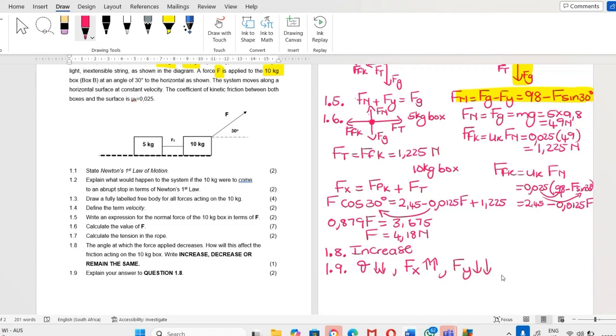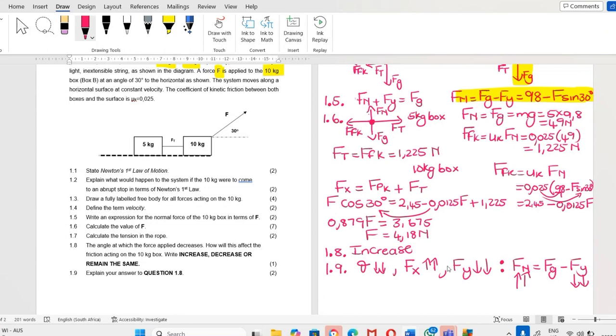Now, remember that the normal force is equal to Fg minus Fy. So if the value of Fy decreases, then the normal force should increase.